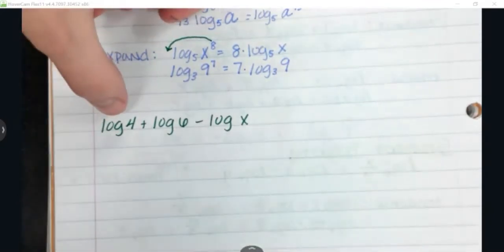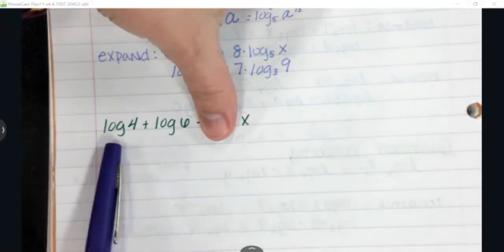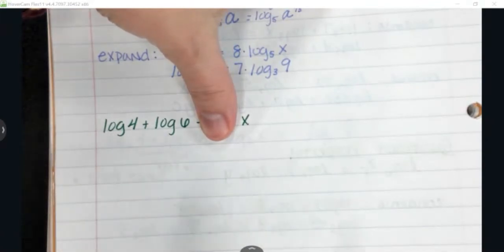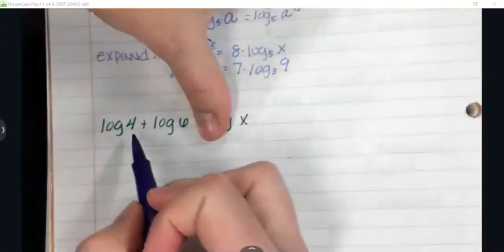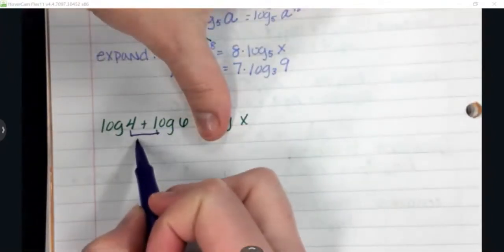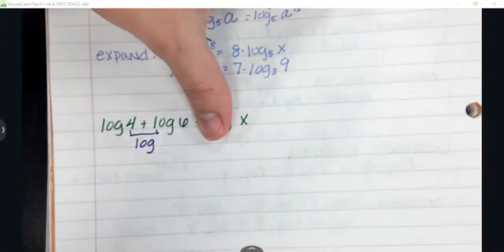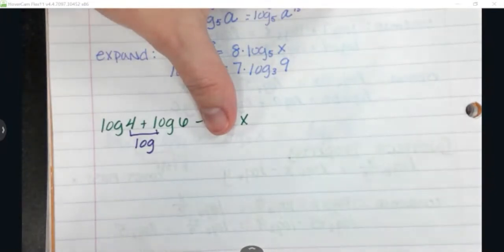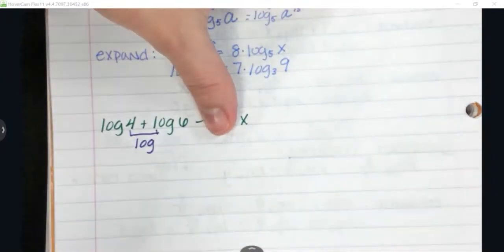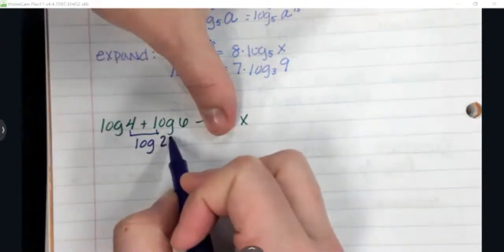So when I see log 4 plus log 6, what does that tell me to do? What does the plus sign tell me to do to these two logs? To multiply. So this right here can be rewritten as log of what? It's not 10. It's 24. Why is it 24? We're multiplying. 24.